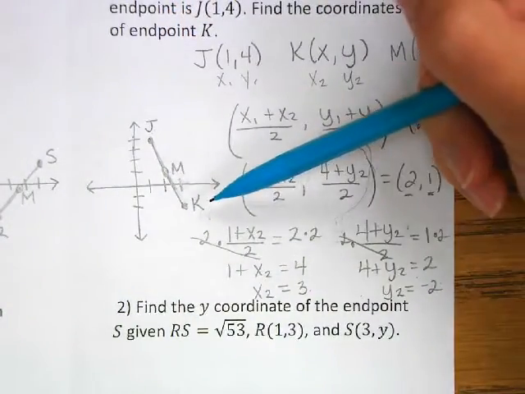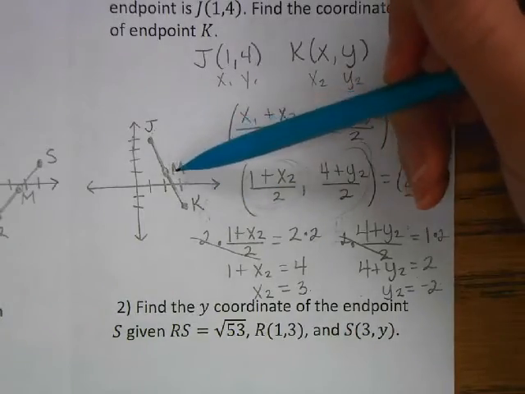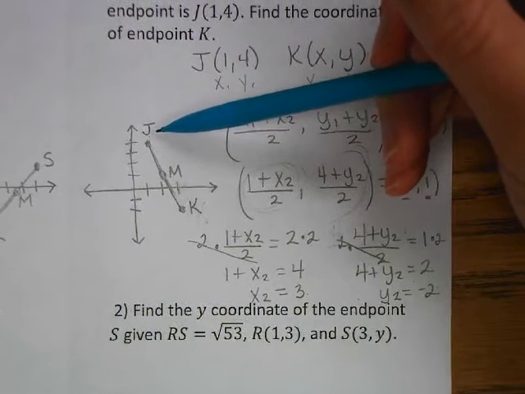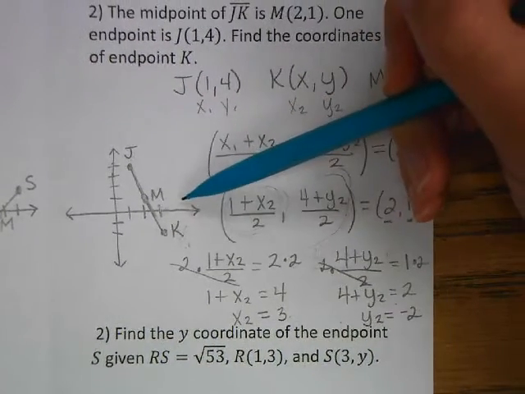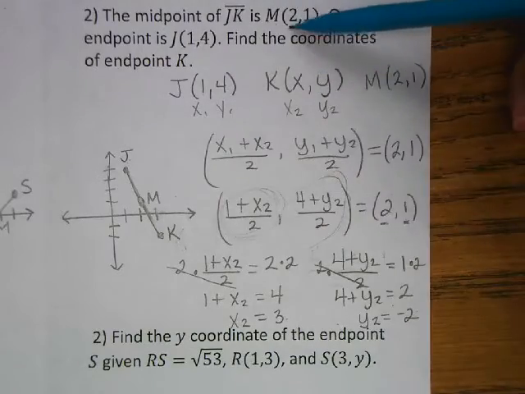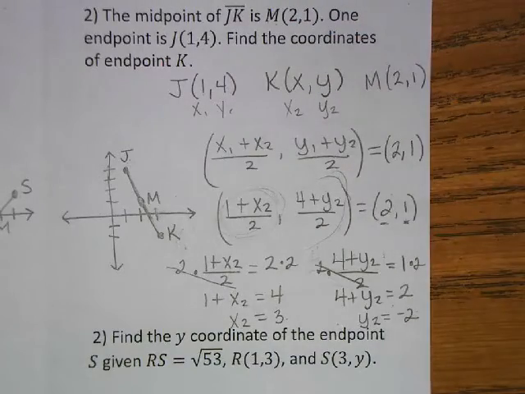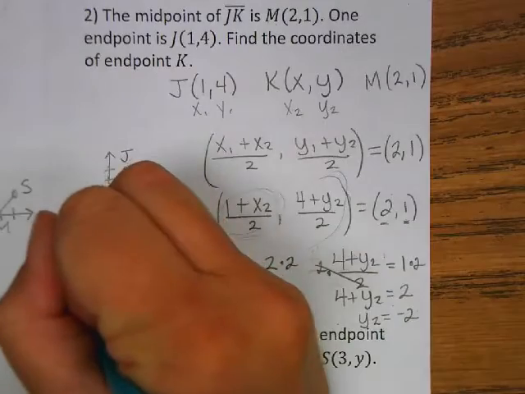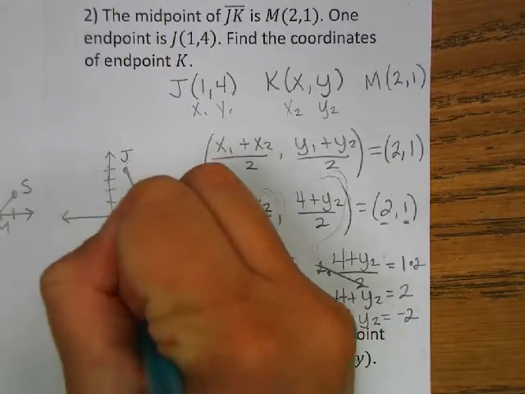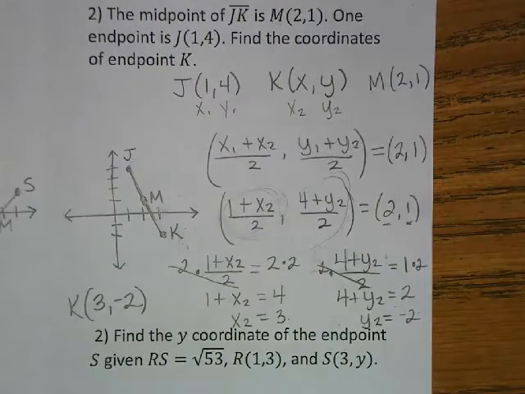So those are the coordinates of K, so that when you calculate the midpoint of JK, you would get the midpoint M, which would be 2, 1. So there's your answer. K has coordinates 3, negative 2. So that's your midpoint formula.